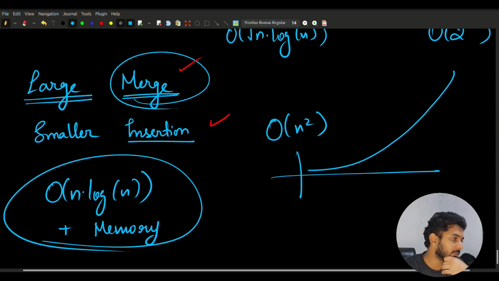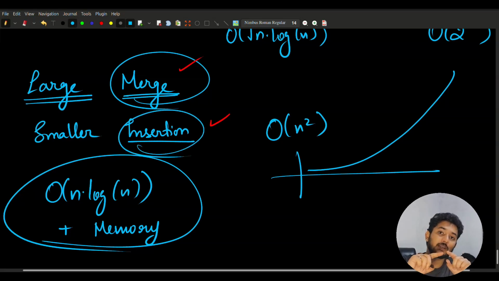Based upon experiments that I have performed previously, I have concluded that 65 is the maximum threshold for using insertion sort, and if the array size is greater than 65, then you have to switch to merge sort, and this is basically a hybrid sort.